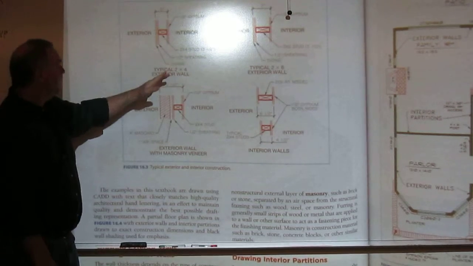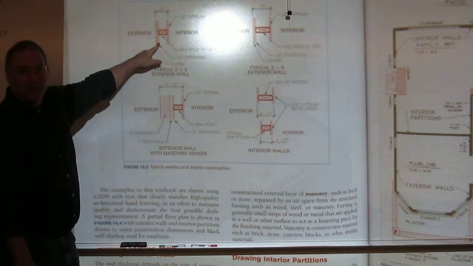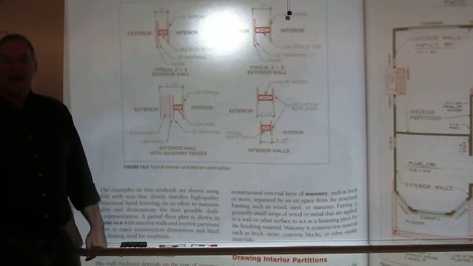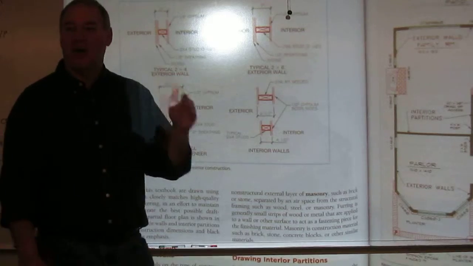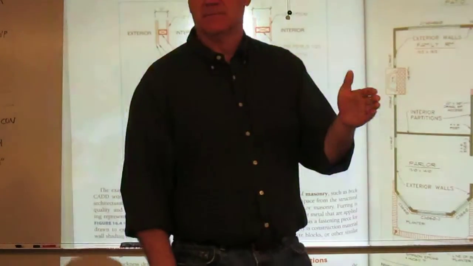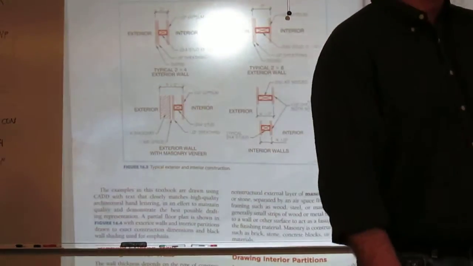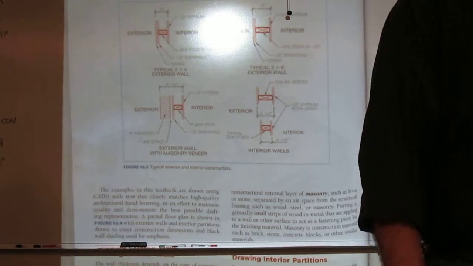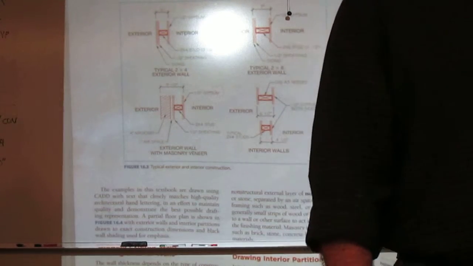Okay. Typically, if you are doing an exterior wall, you never draw it with the outside cladding. Whenever you're doing an exterior wall, do not draw it with the exterior cladding on it.